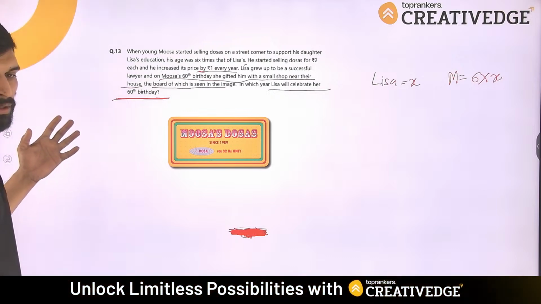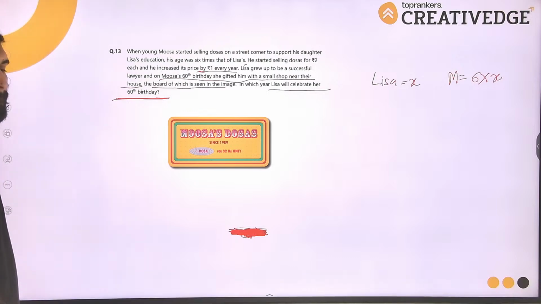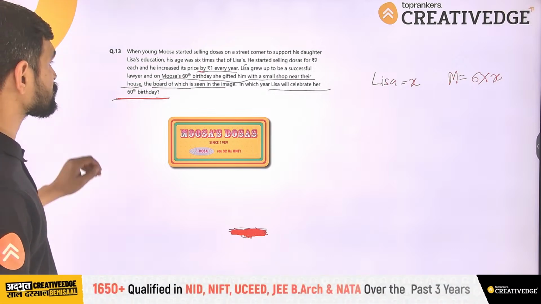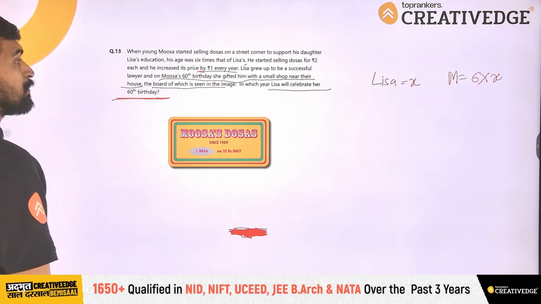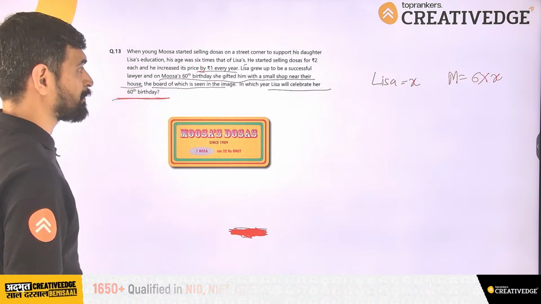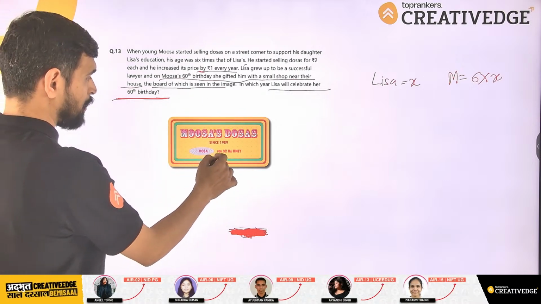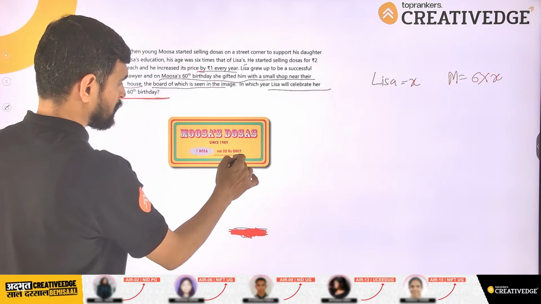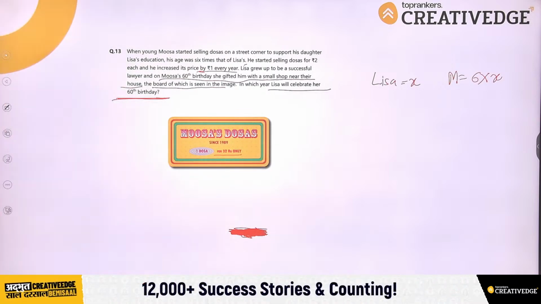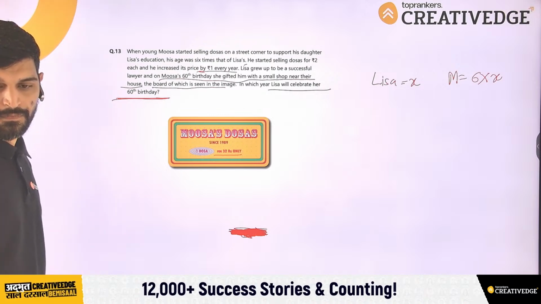So अब अगर हम यहां देखें तो it says Musa's 60th birthday. So Musa के 60th birthday पर she gifted him the shop. At that time, the price of one dosa was rupees 32.